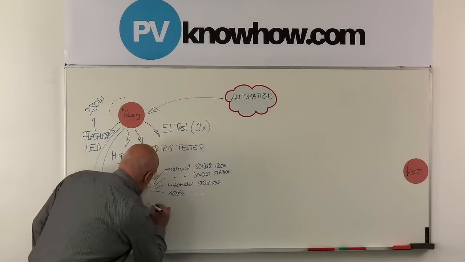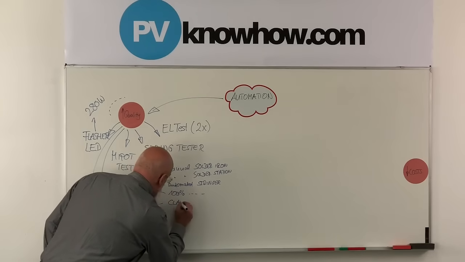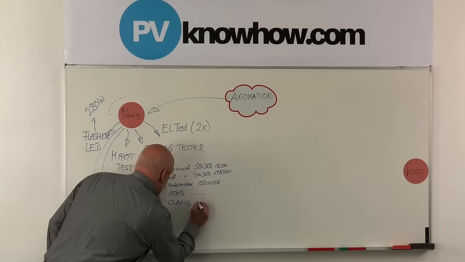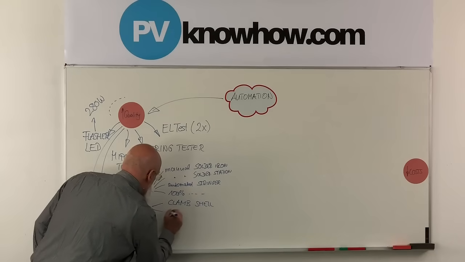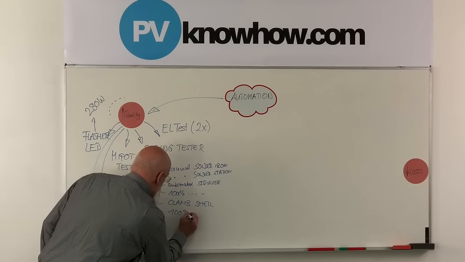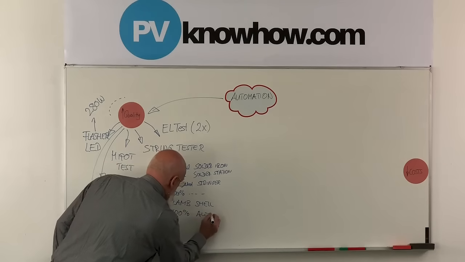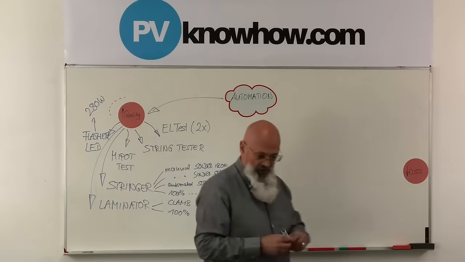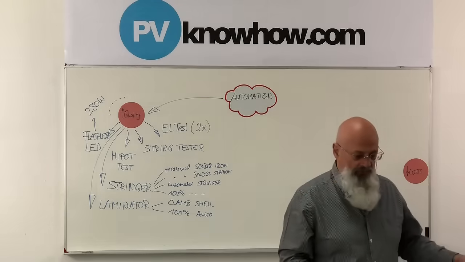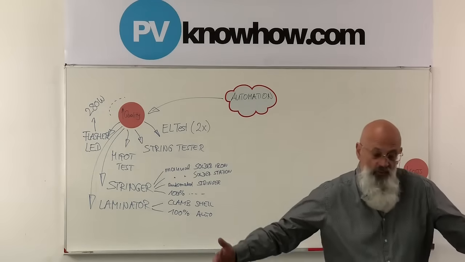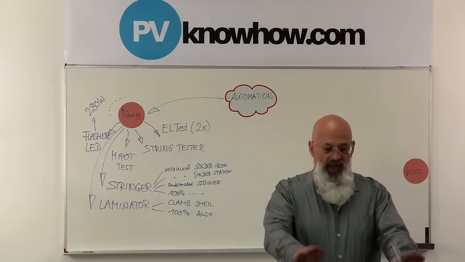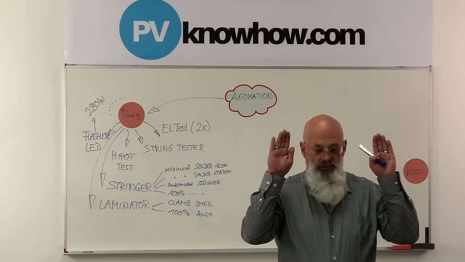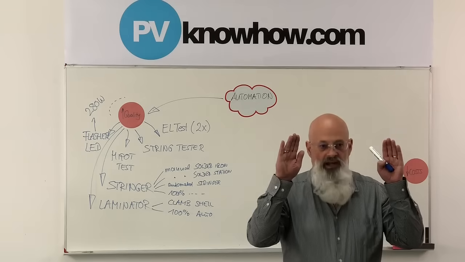The first is a so-called clamshell solution. And the other one is 100% automated. I give you now a short explanation. Clamshell means you have a laminator, which is maybe 2 meters by 1.5 meters, and you have a clamp which opens, and you take in the modules by hand.